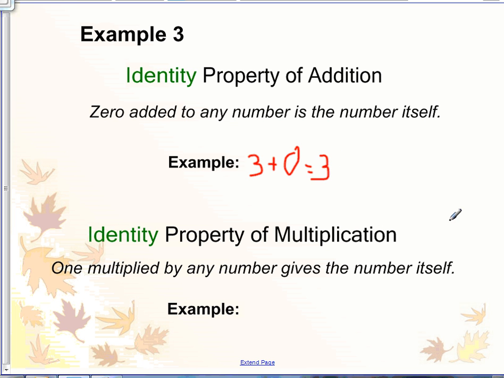Whereas with the multiplication, 1 multiplied by any number gives the number itself. So in this case, we would do 3 times 1 equals 3. So in this case, you're adding 0. In this problem, you're multiplying 1. All right, and that's the identity property.